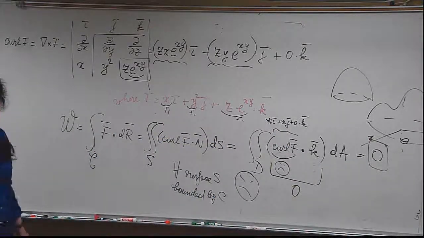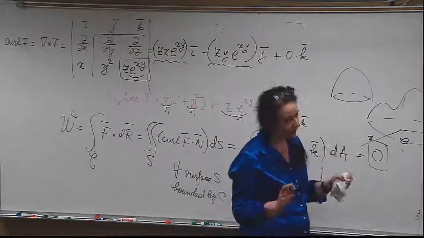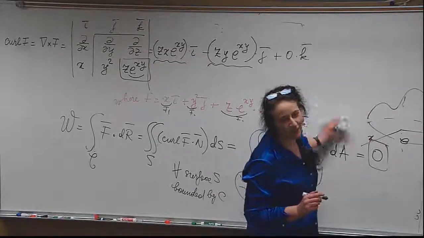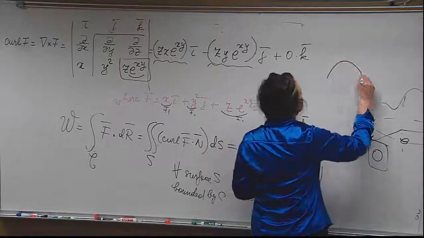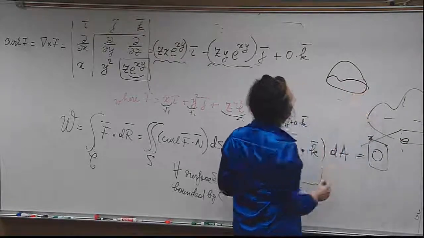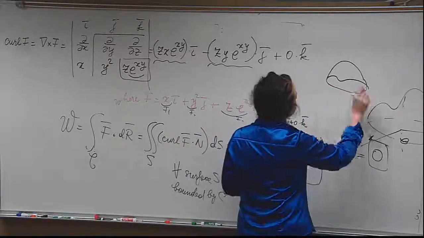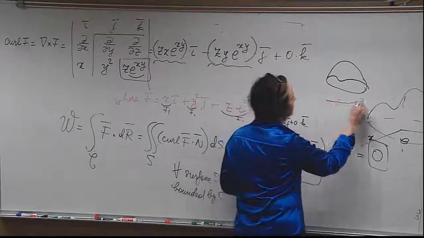But we should also have n equal to k. If we don't have that, that's a problem. This is not going to happen, but assume that somebody gives you a hill that looks like that, and this is not a planar curve. This would be a really nasty curve in space. You cannot do that anymore.